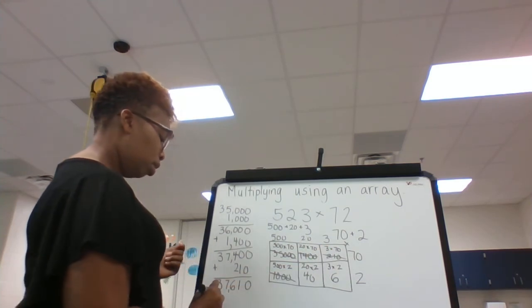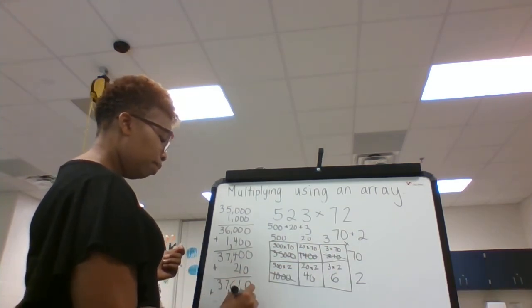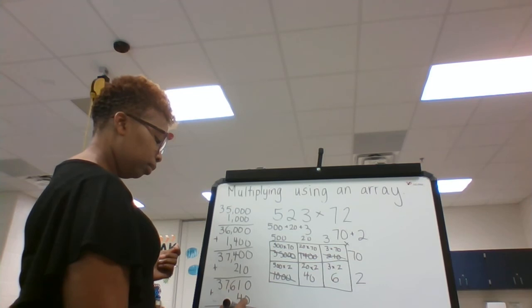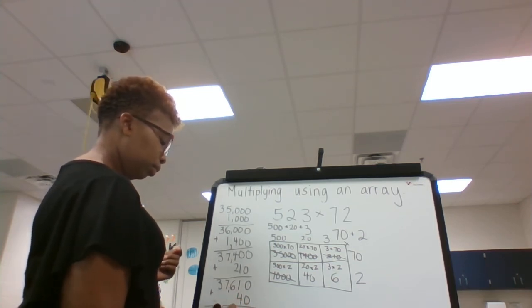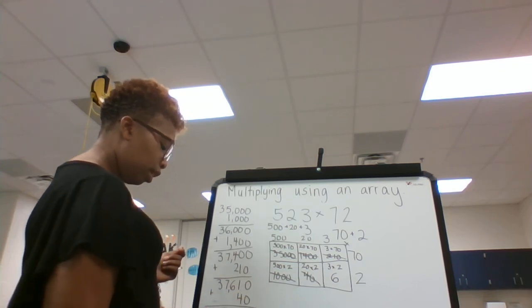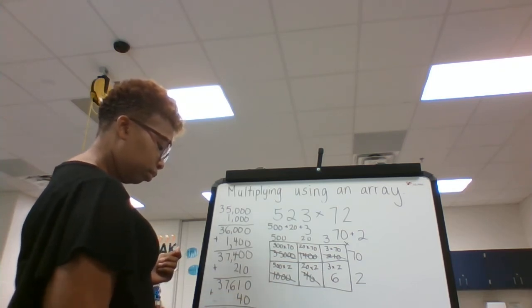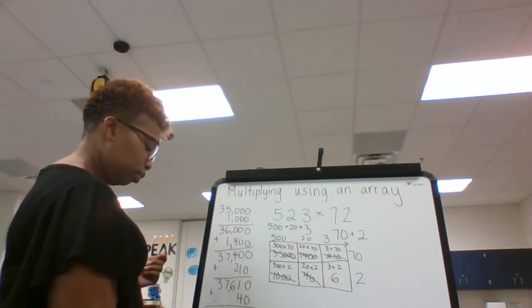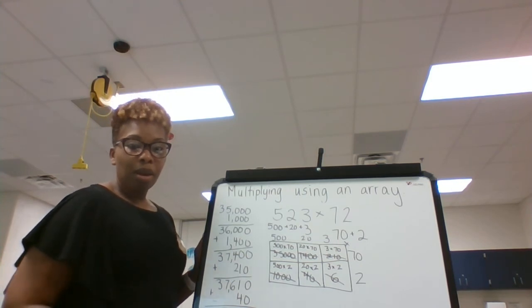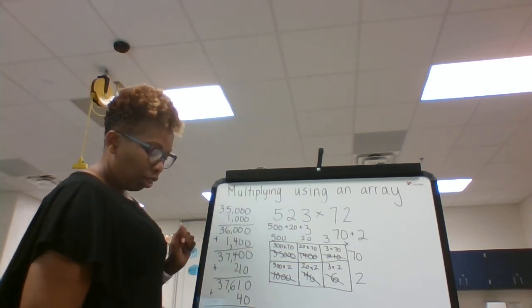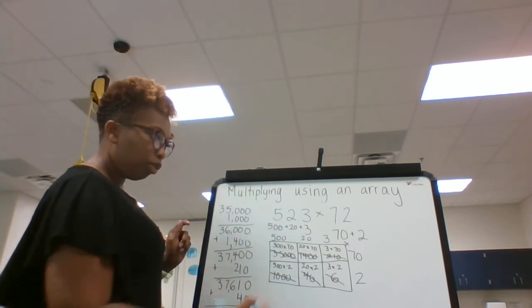Cross it off. Then 40. Cross it off. Now 6. Cross it off. So my answer is 37,656.